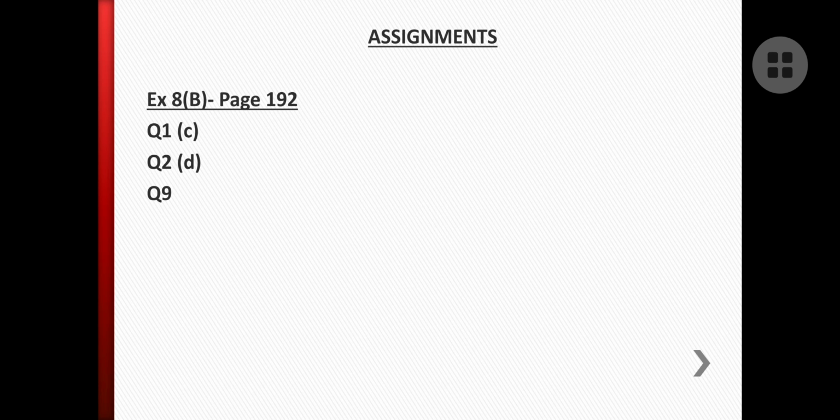The decimal form, the fraction form, the conversions, all those, then percentage of a quantity. Only that in exercise 8A, and from 8B what all we did is this new value, old value, increase, decrease, all this. So that's all for this chapter.